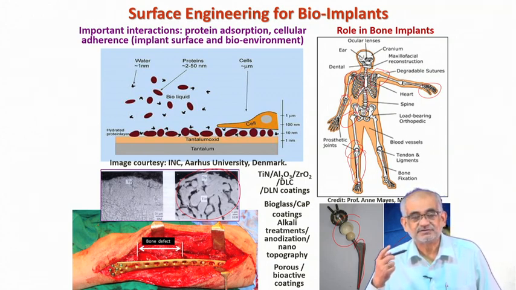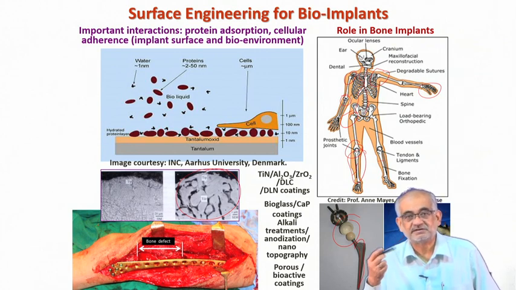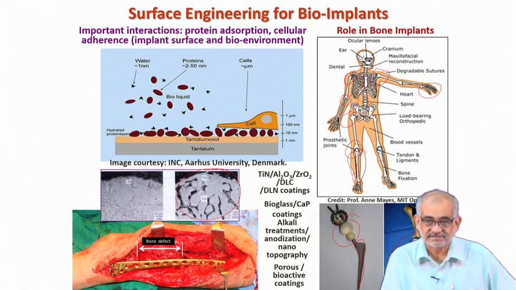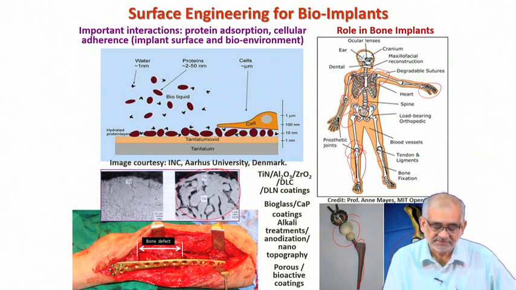So if such neurons get damaged or for whatever reason stop functioning or start malfunctioning, and if you want to replace with an artificial neuron or artificial electrode, you have to have a tip which is as thin as a hair, a few tenths of a micrometer.